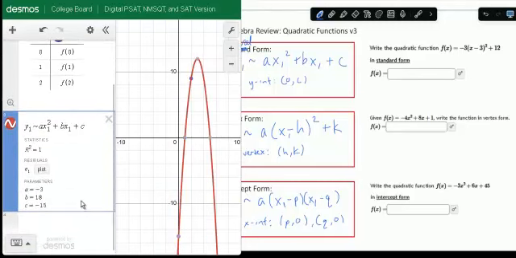And notice when I go down and look at that, it gives me all of my coefficient values. So now when I write my equation, my a value is negative 3, so negative 3x squared, plus my b value is 18, so plus 18x, and my c value is negative 15, so minus 15. And that is your equation, nice and easy, from that form.